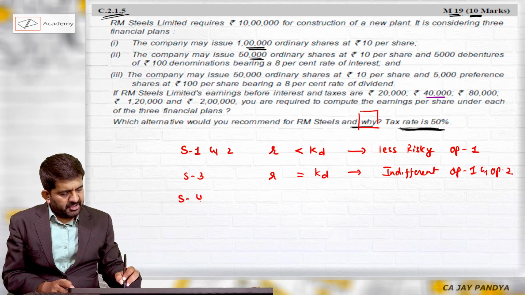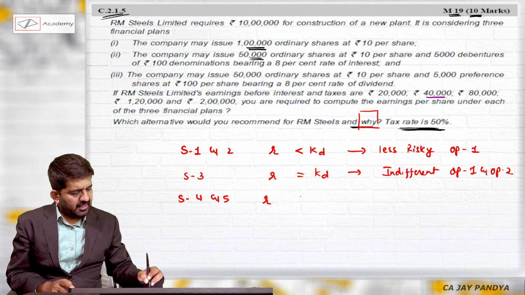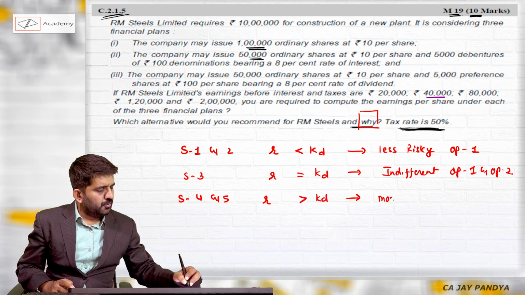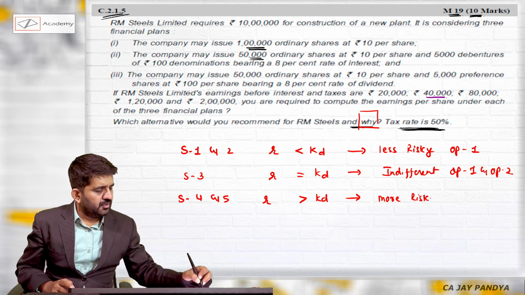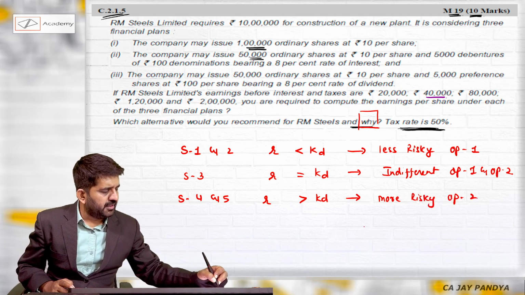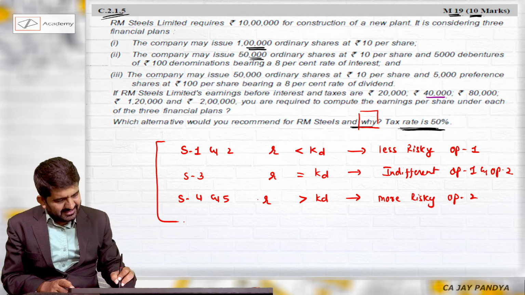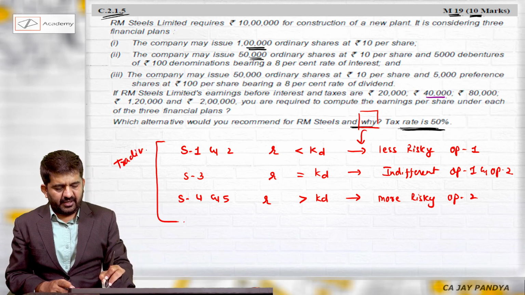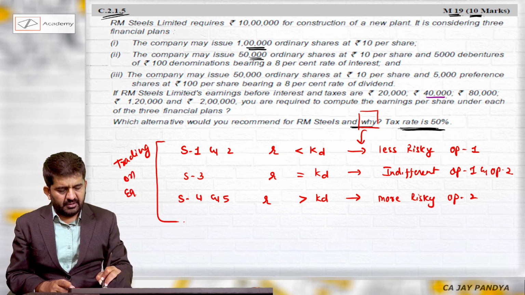And in situation number 4 and 5, R is greater than KD, you should go for the more risky option, which is option number 2. And the answer of this why is nothing but the answer of trading on equity.